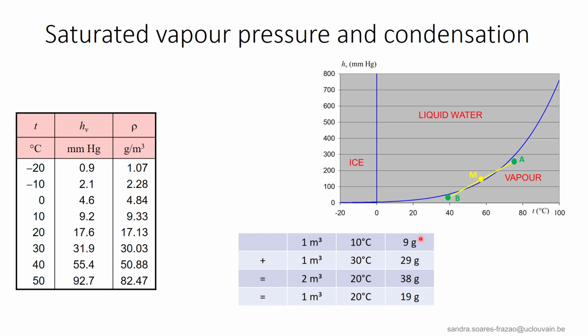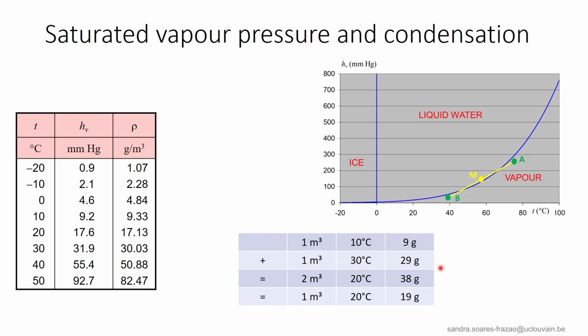We see that these two values are below the values of the limit vapor pressure that we see here. We have 9 instead of 9.33, and we have 29 that is below 30. So these two masses of water are indeed present in the form of vapor.